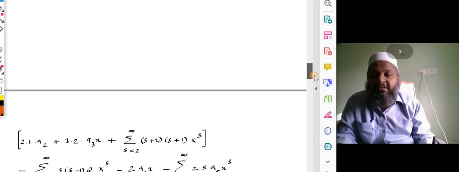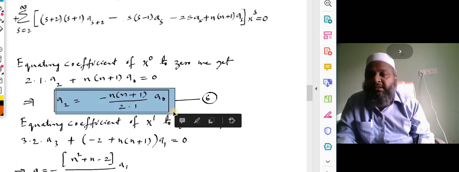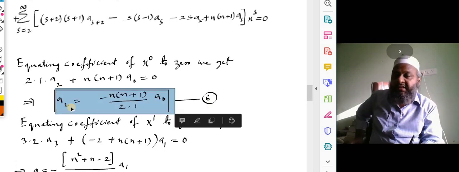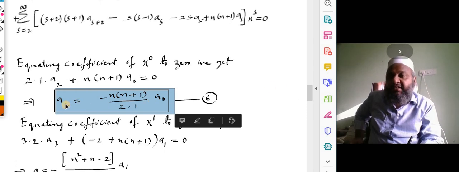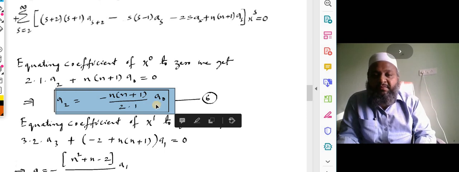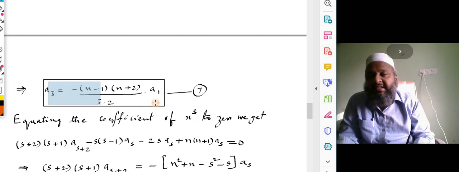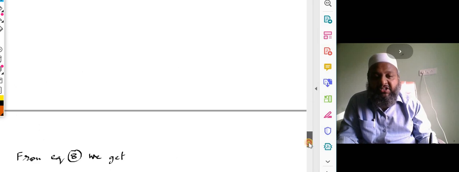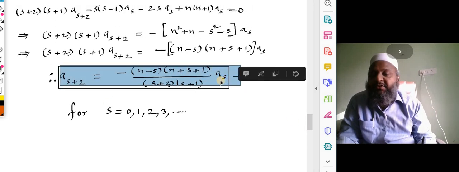Here we got a2 equal to this a2. This a2, which is written in terms of a0, means it is depending upon the coefficient two before it, alternate. So similarly a3 is in terms of a1, and in general as plus 2 is in terms of as, you can see.